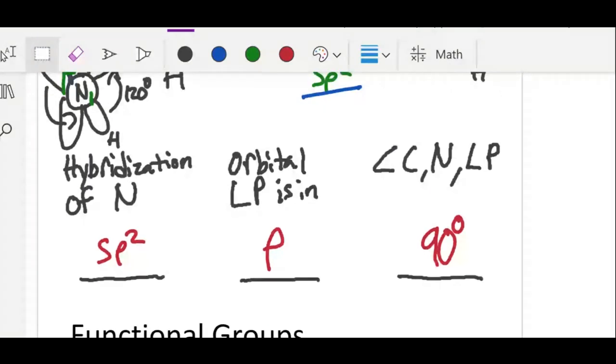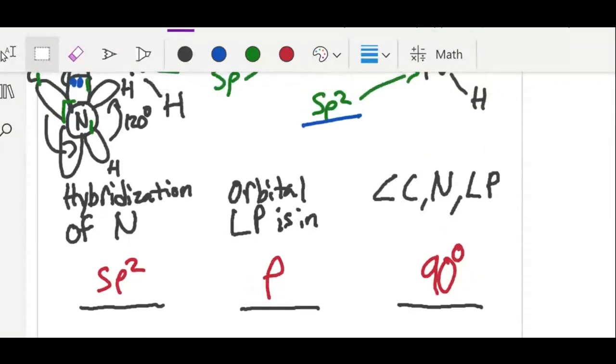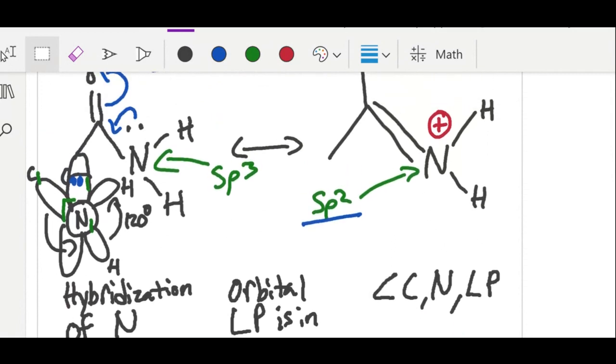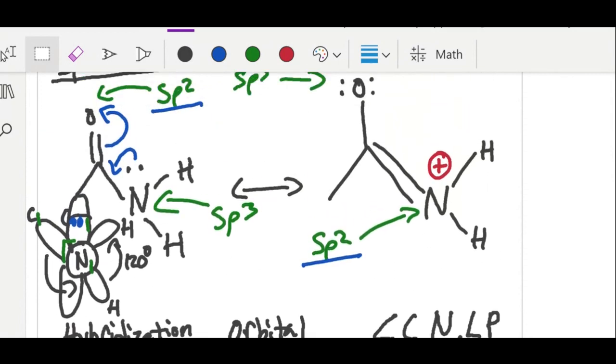And what is the angle between carbon, nitrogen, and the lone pair? Again, it's going to be 90 degrees because the p orbital is sitting on top of your nitrogen atom, and the carbon is equatorial on a horizontal plane, while the p orbital is on the vertical plane.